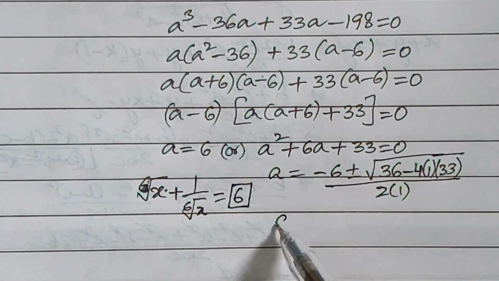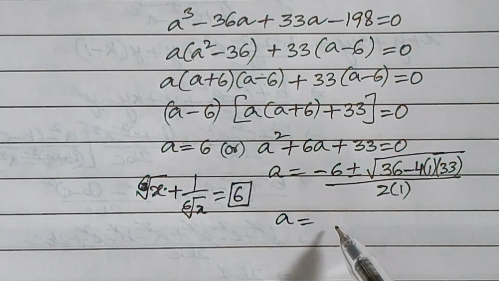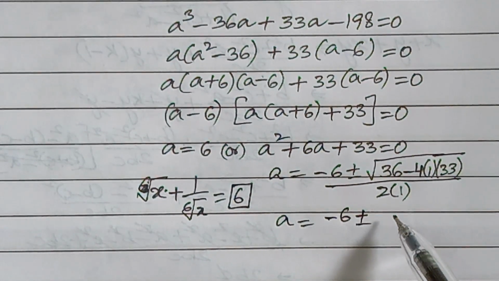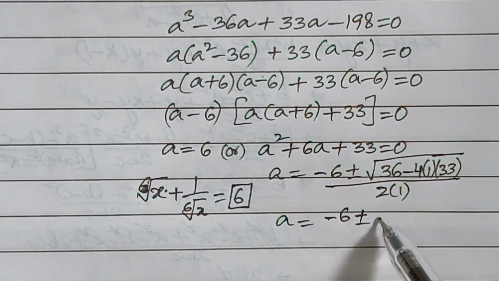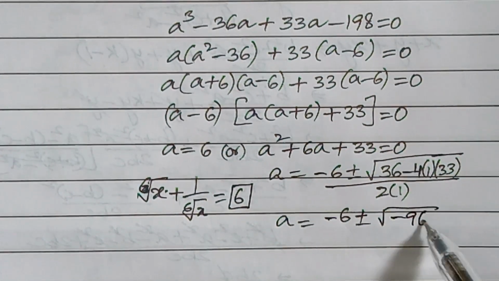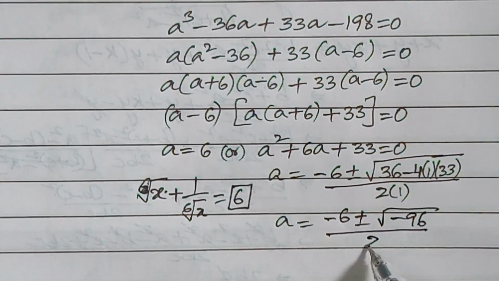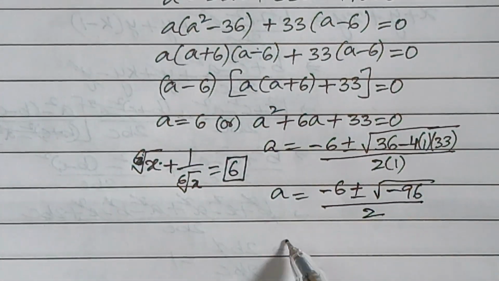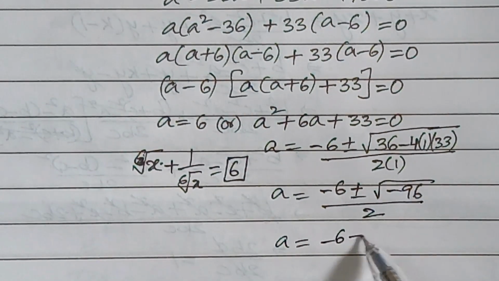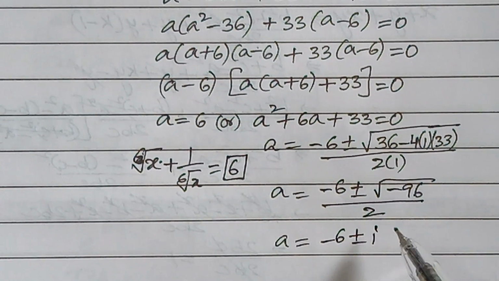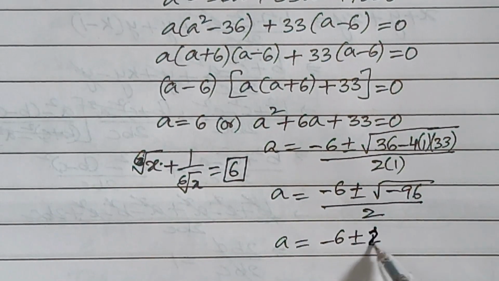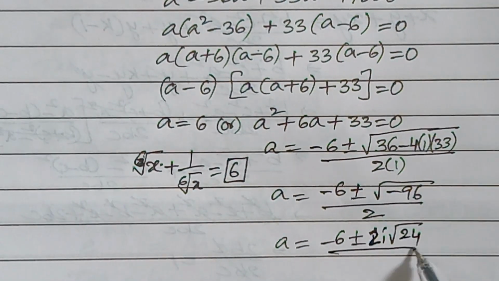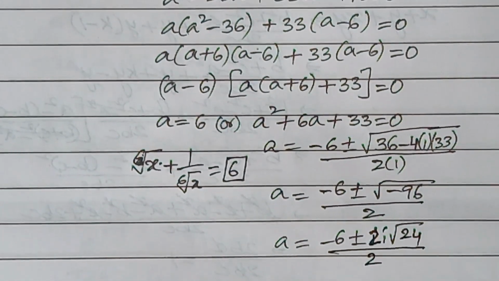Now the second one: you are getting a is equal to minus 6 plus or minus square root of minus 96 by 2. So this can be written as minus 6 plus or minus 2i root 24 by 2.